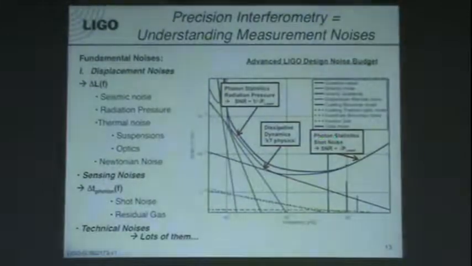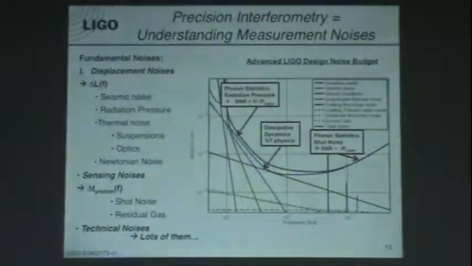At high power, I'm limited by photon counting statistics, photon shot noise. There, I want to turn up the power. So you already have an inherent contradiction: for good high frequency sensitivity, you want large numbers of photons. To get good low frequency sensitivity, you don't. All right? And there's a way out of that involving squeezing.